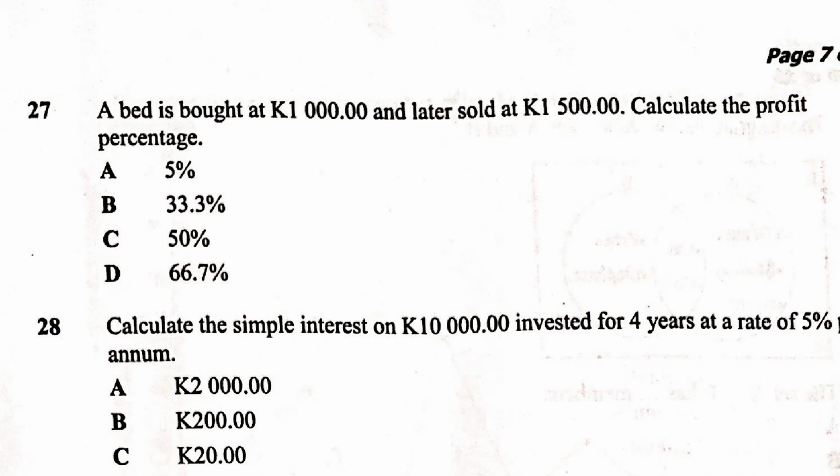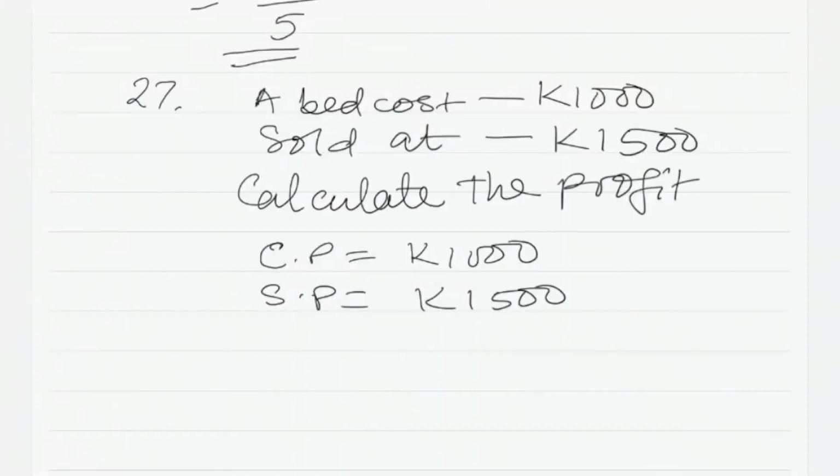1,500. So looking at the whole scenario, it is telling us that this person who bought a bed at 1,000 kwacha and sold it at 1,500 kwacha made a profit. So we are going to say profit equals 500 kwacha.